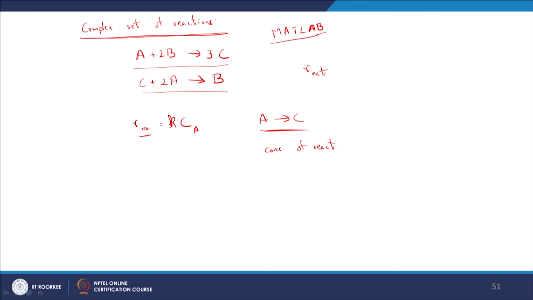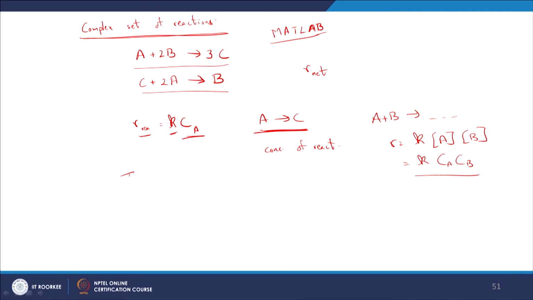The rate of the relevant reaction here, which is A goes to C, is only dependent upon the concentration of A and obviously the rate constant. And if it is A plus B going to whatever it is, the relevant rate is R equal to K into concentration of A into concentration of B, and it is second order.